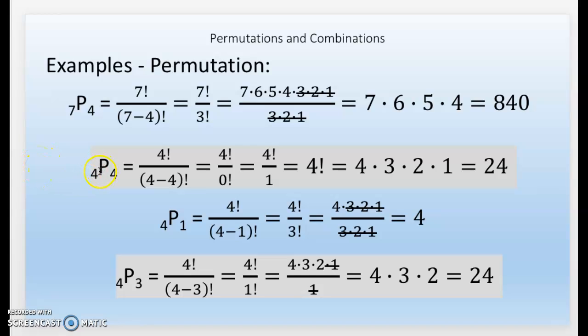I want to show you 4P4. This is from 4, arrange 4. Guys, this is really 4 factorial, like the 4 books on a shelf. Arrange all of them and you end up with 4 factorial, that's 24. Remember, that's how many ways 4 books on a shelf could be arranged.